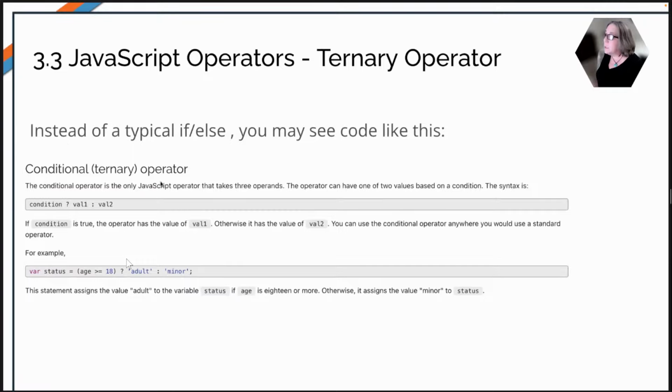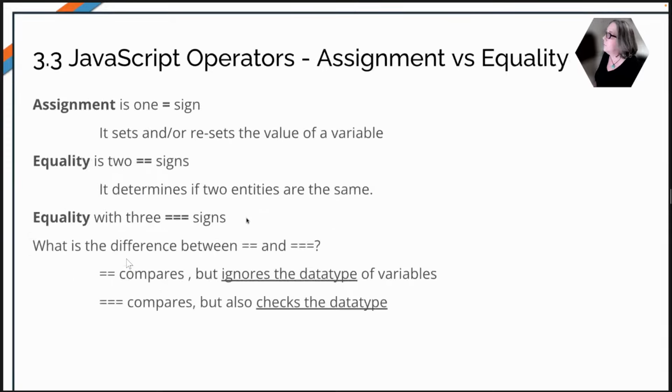So you do see this a lot in coding, especially if you're starting to look at other people's code on the internet. You will see this, and people are looking for that if else. They're looking for it, can't find it, but it's the ternary operator. And it has 3 operands in case you didn't notice. It's got your condition, value 1, and value 2. So condition, if true this, else that.